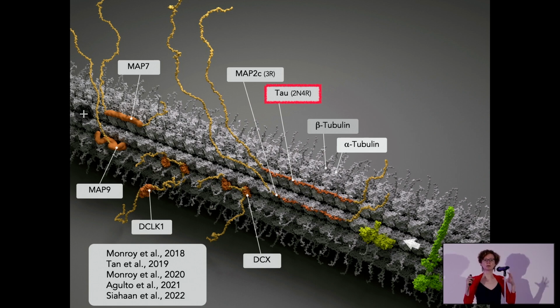Some of them will prefer a compacted lattice, like tau, and actively compact. Others will actively expand. So depending on which microtubule-associated protein is interacting with the microtubule, it will cause the underlying lattice to be in one conformation or another.